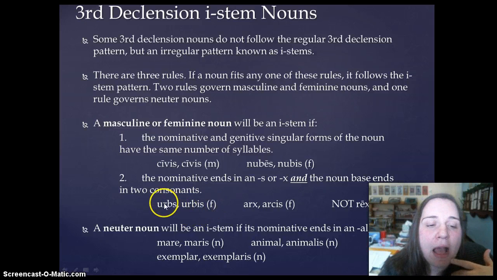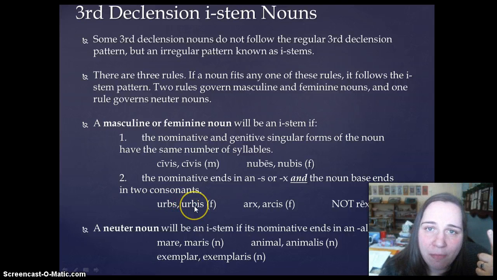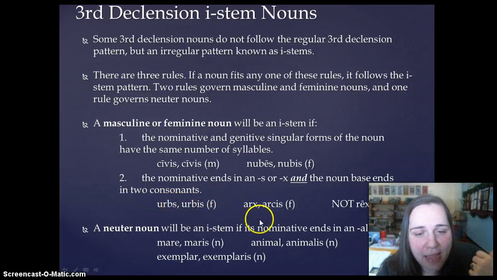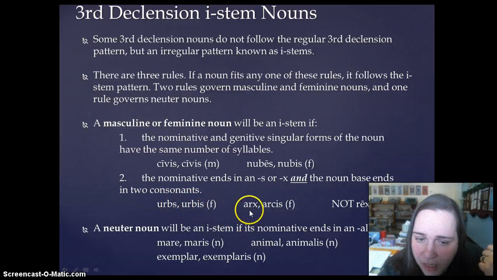The nominative form, or the first form in the dictionary entry, ends in an S, so it fits the first part of this rule. And then when we get the noun base by removing the genitive ending from the second form, its noun base, urb, ends in two consonants, R and B. Therefore, this is an I stem. And urbis means a city.